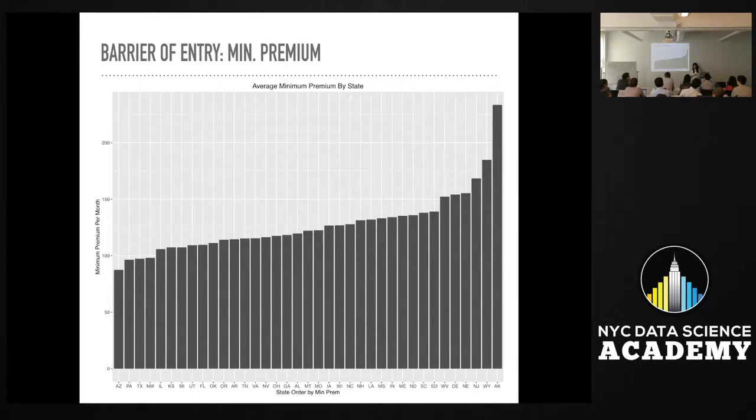So each state kind of regulates their own DOI, that's Department of Insurance. So they ask for a minimum premium amount for you to enter that market, which means these states are very expensive to go into in the first place. And Arizona, PA, Texas, those are kind of moderate, lower barrier to entry.